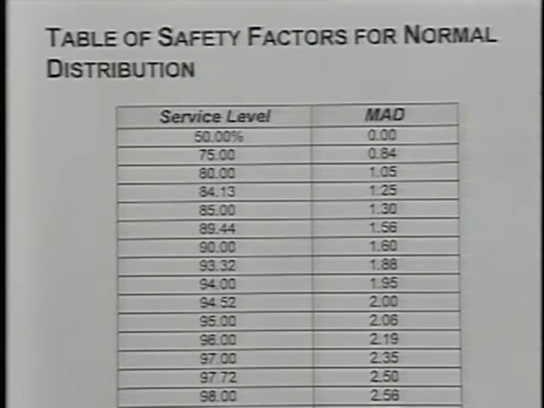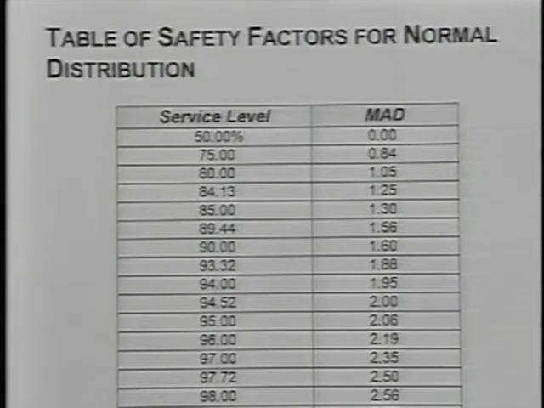If you remember from our previous illustrations on the reorder point in the example we went through, we had a service level of 95% for the item we were calculating the reorder point.